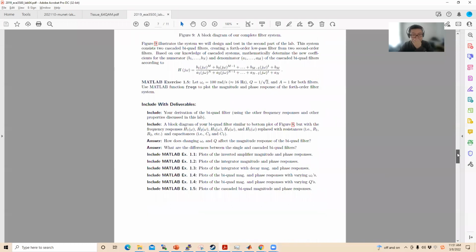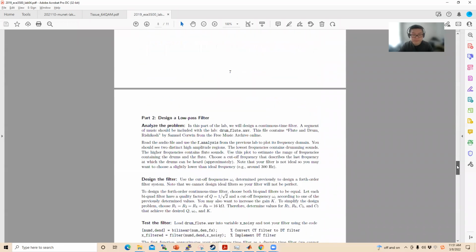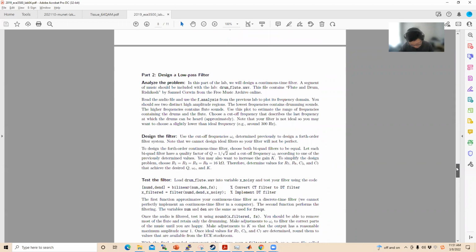Now, what we need to do is the second part, which is to design the low pass filter.